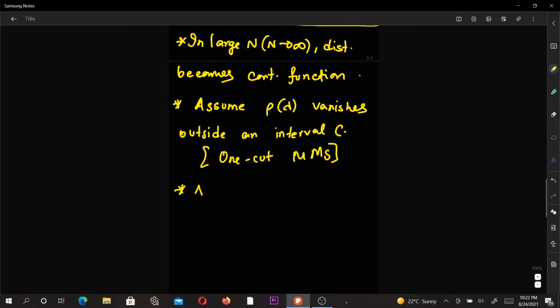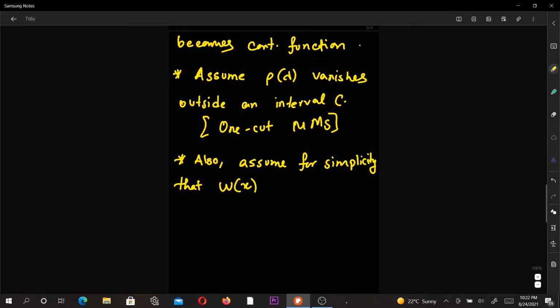Also, we'll pick another assumption while solving this problem. Also assume, for simplicity, that the potential only has one minimum, at x star.